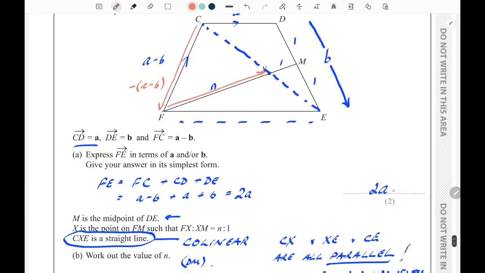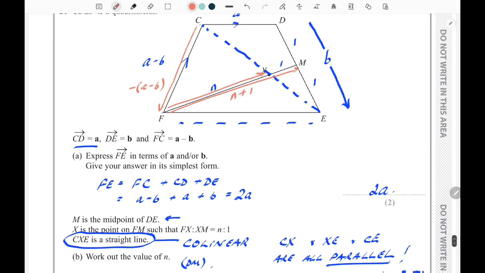Just to say that if you have the full distance F to M, then remember the ratio is n to 1, so the total there must be n plus 1, and we know that F to X is n, all right?